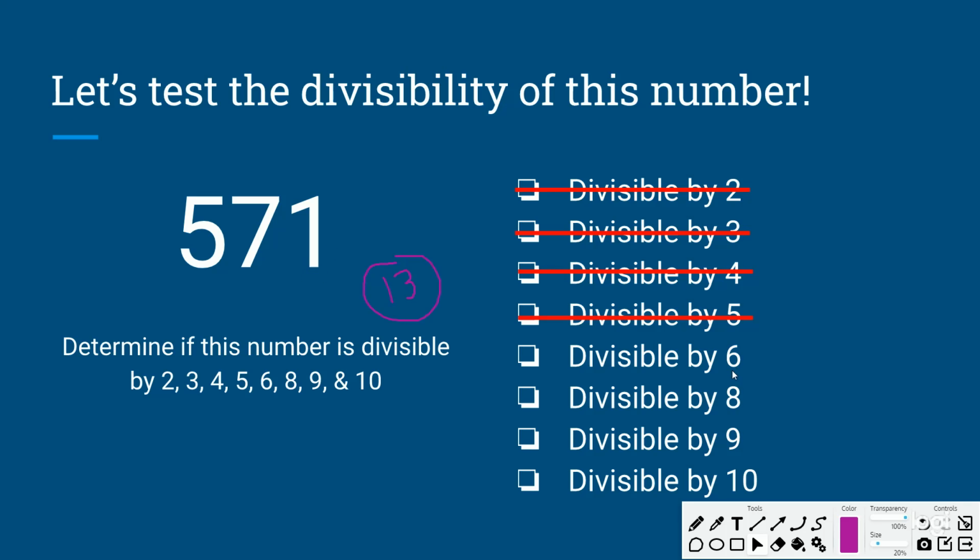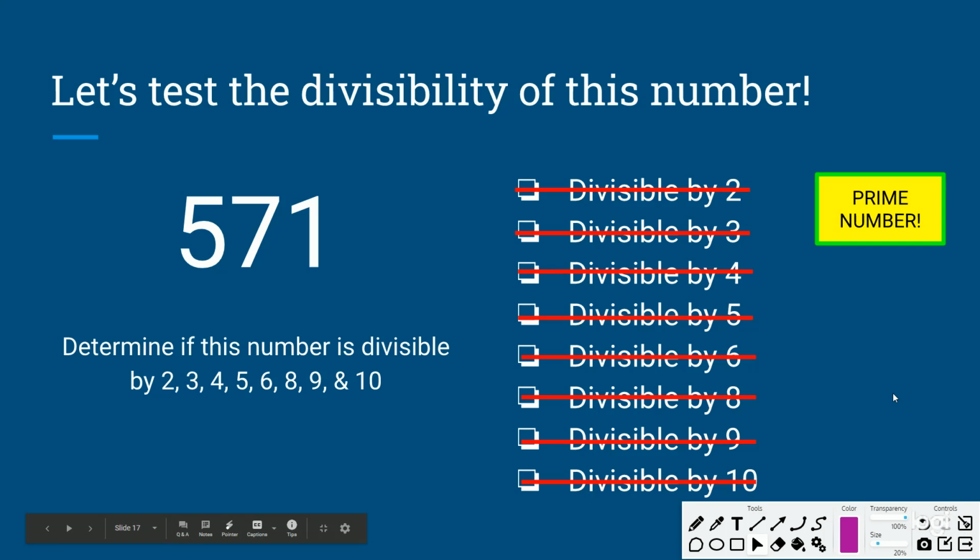Does it meet the criteria for 2 and 3? No, it does not. Is 571 divisible by 8? No, it is not. Is 13 divisible by 9? No, it is not. And does it end in a 0? No, it does not. So if this one doesn't meet any of the criteria, it means that this is a prime number, which means it can only be divisible by 1. So this is an example of a prime number. It doesn't meet any of these criteria, so it is a prime number.